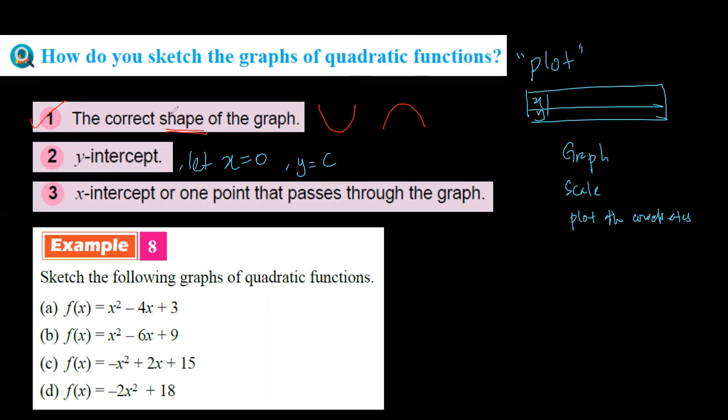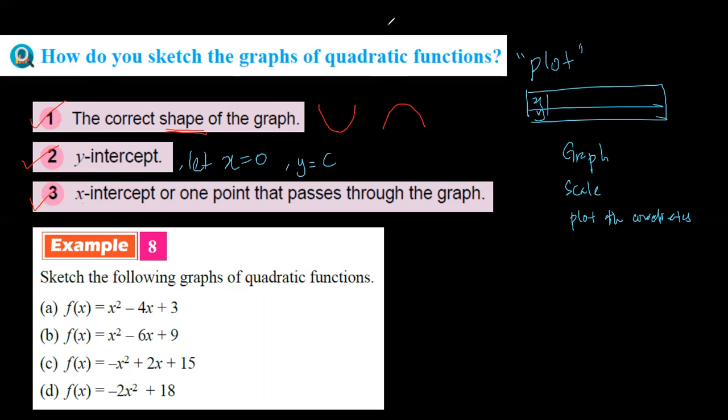The third one, you must make sure the x-intercepts are correct, or at least one point that the graph passes through is correct. So firstly, the shape. Secondly, the y-intercept. And third, the x-intercepts.